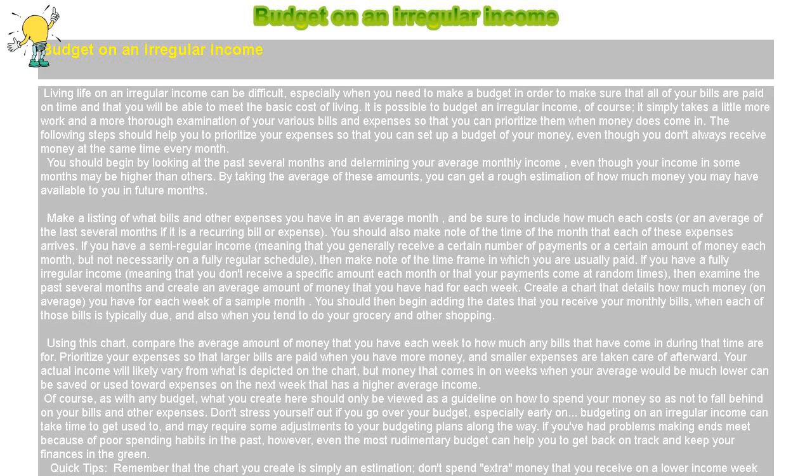Budgeting on an irregular income can take time to get used to, and may require some adjustments to your budgeting plans along the way. If you've had problems making ends meet because of poor spending habits in the past, however, even the most rudimentary budget can help you to get back on track and keep your finances in the green.